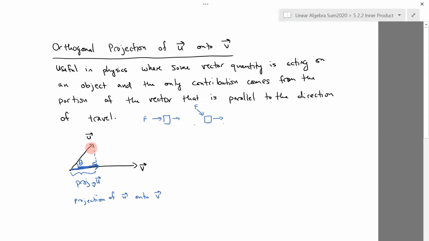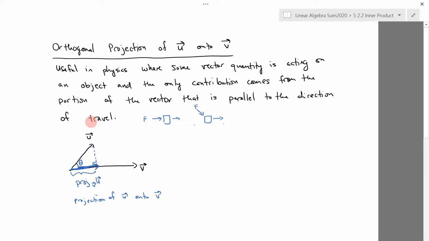So we have two vectors u and v. We say v is pointing in this direction, u is pointing in this direction, and what we're going to call the projection of u onto v is, if you imagine forming a perpendicular between the two vectors, so form this right triangle, then the portion of the right triangle that's pointing in the same direction as v, this is what we call the projection of u onto v.